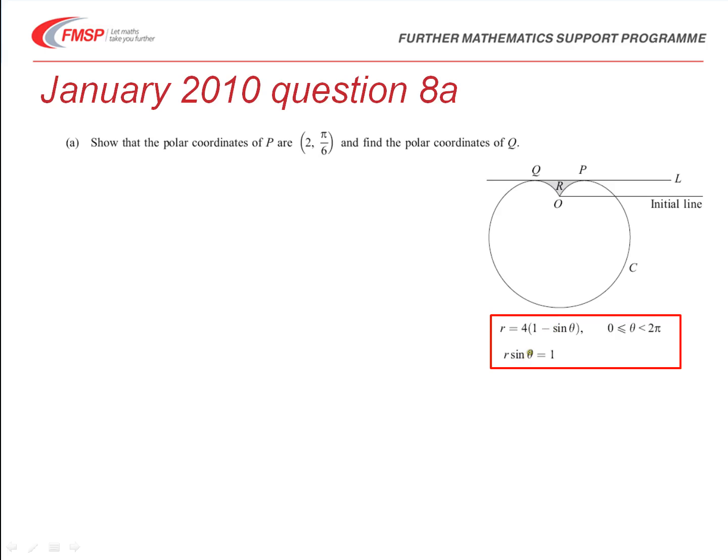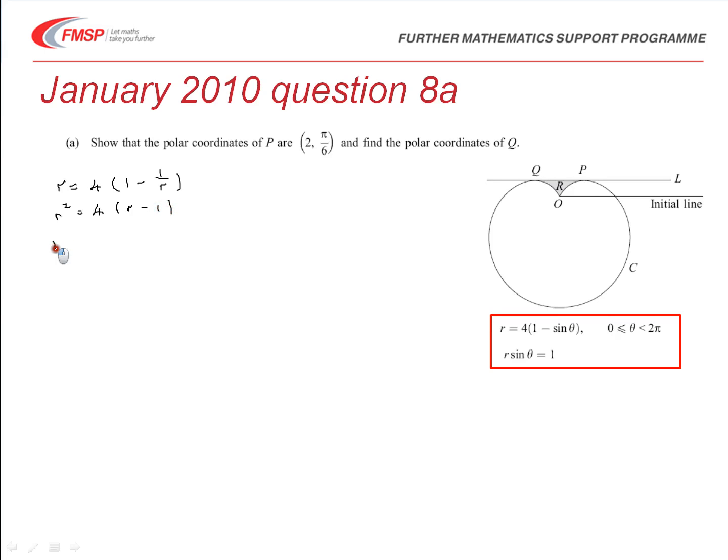So sine theta equals 1 over r, so we can substitute 1 over r into the result. So we get r equals 4 lots of (1 minus 1 over r). If we then multiply through by r, we're going to get r squared equals 4 times (r minus 1).